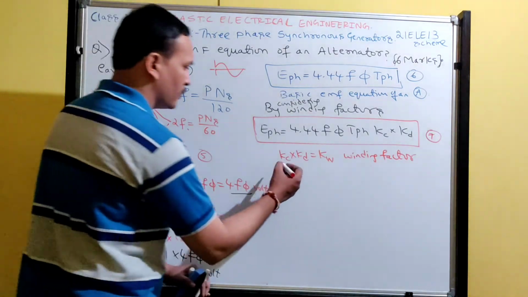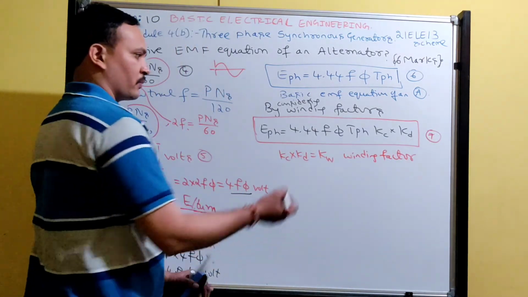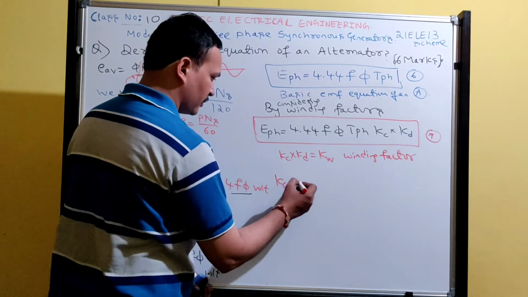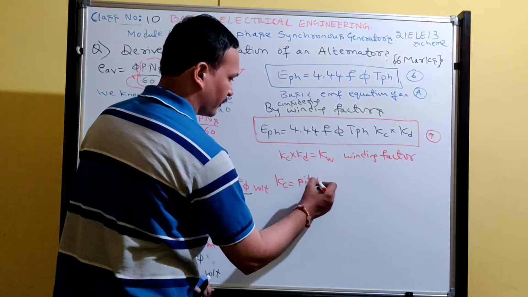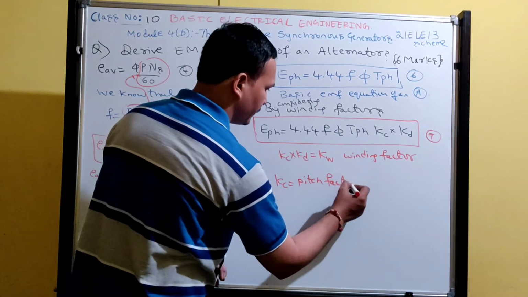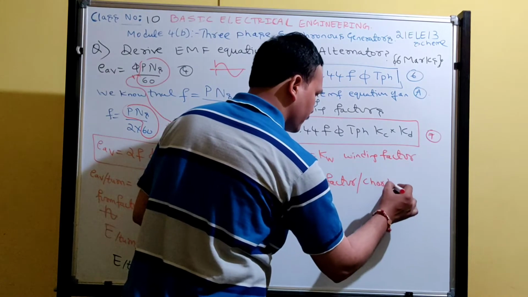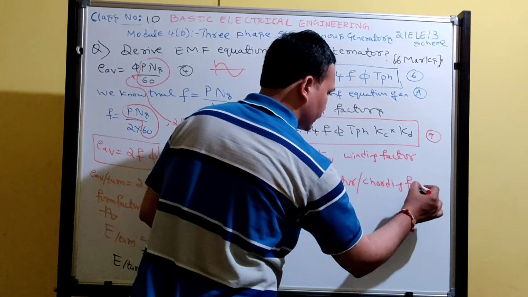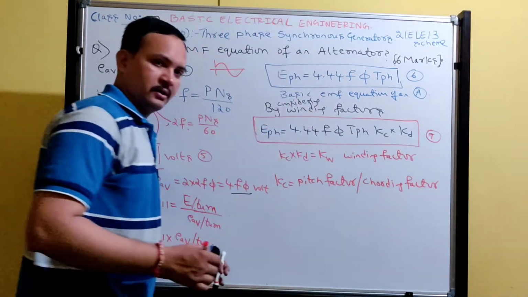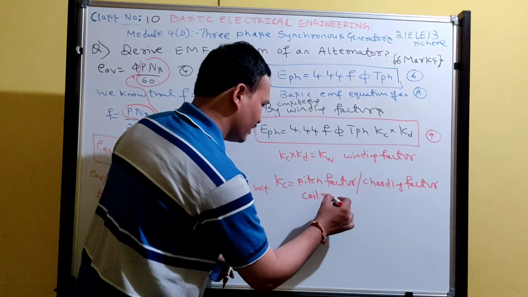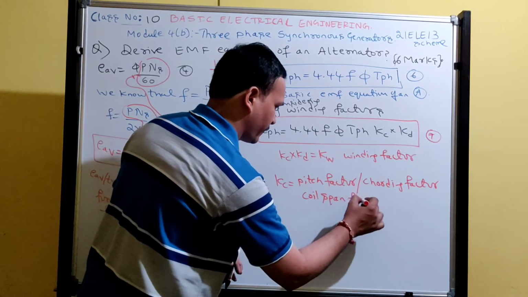Now we need to analyze much more about this. Kc is nothing but the pitch factor, also called chording factor, or another name is coil span factor.